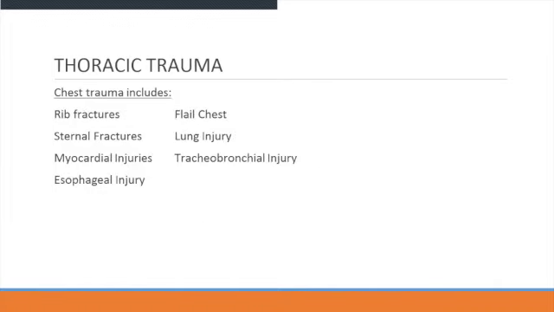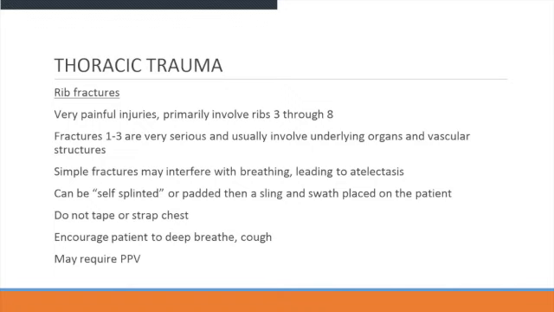So your chest trauma includes rib fractures, flail chests, sternal fractures, lung injuries, myocardial injuries, tracheal bronchial injuries, and esophageal injuries. These are very painful injuries, primarily involving ribs 3 through 8.